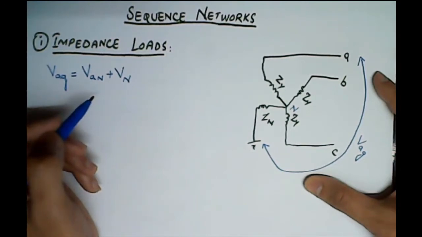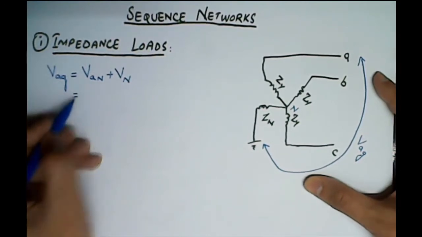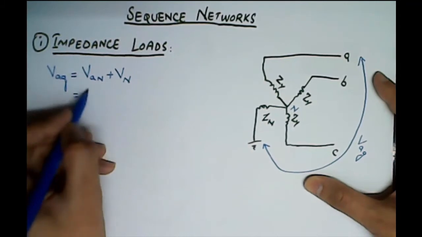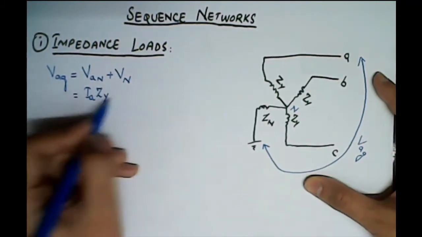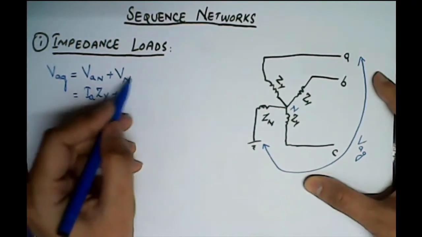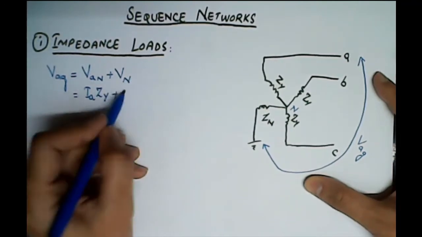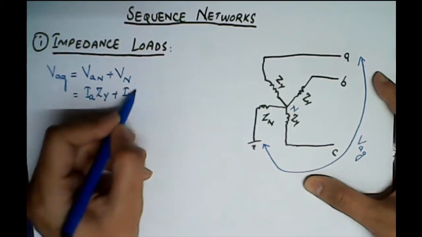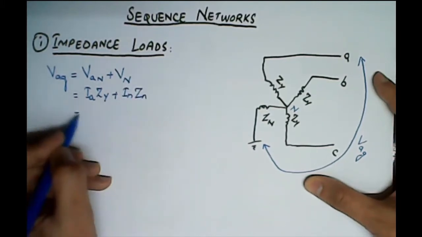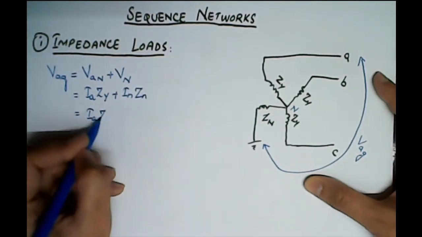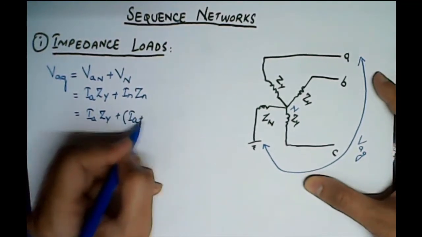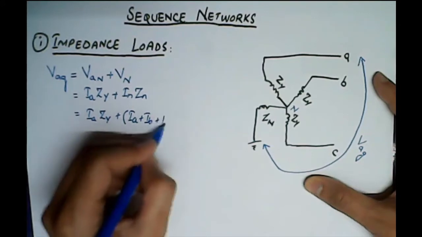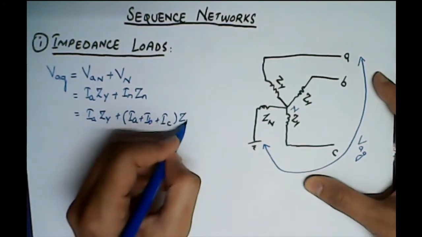And VAN, as per Ohm's law, we know is equal to the product of IA times Zy, plus IN times Zn, and IN in itself is equal to what? The phasor sum of all the three currents, IA plus IB plus IC, times Zn, right?